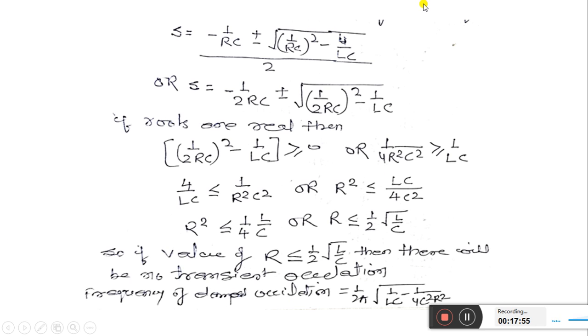So what is the value of R? The value of R should be less than or equal to half under root L by C. If you have this value, then restriking voltage can be reduced. So this was the overall lecture for resistance switching.